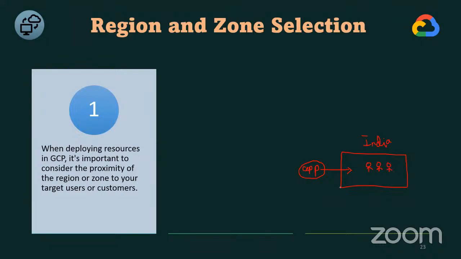What you have done is, and you have here USA. Instead of deploying your application in the Indian data center, you have deployed your application in the data center that is there in the USA.